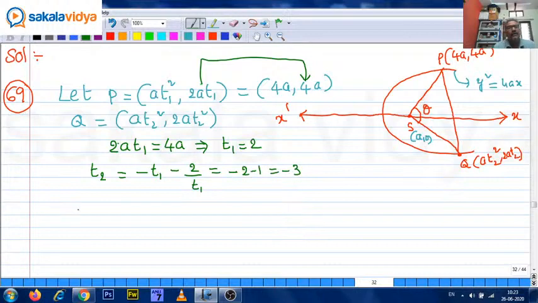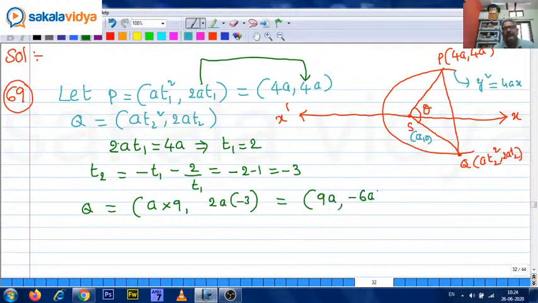So the Q coordinates we can find out. Q is (at2 square, 2at2), that is a multiplied by 9 comma 2a multiplied by minus 3, which will be (9a, minus 6a).